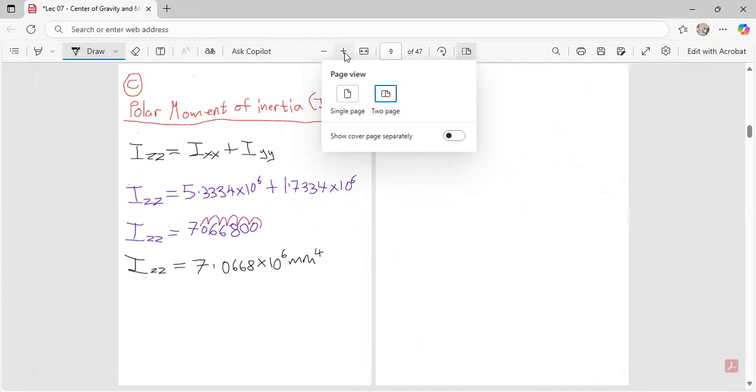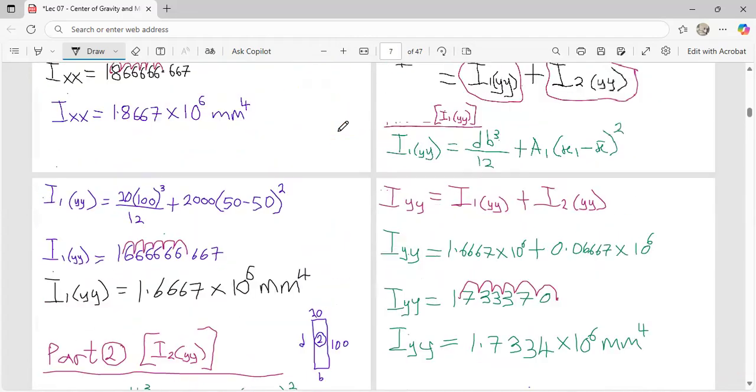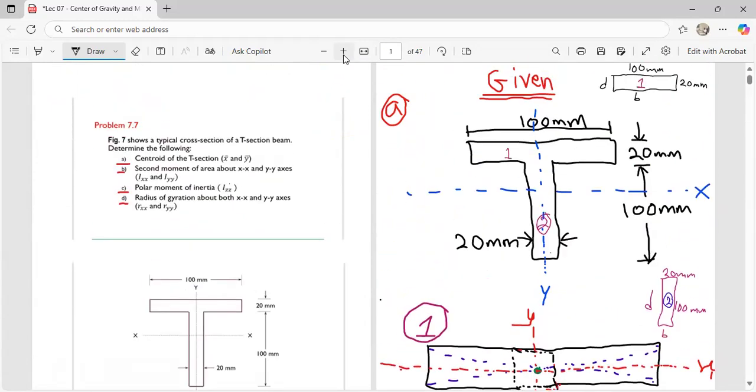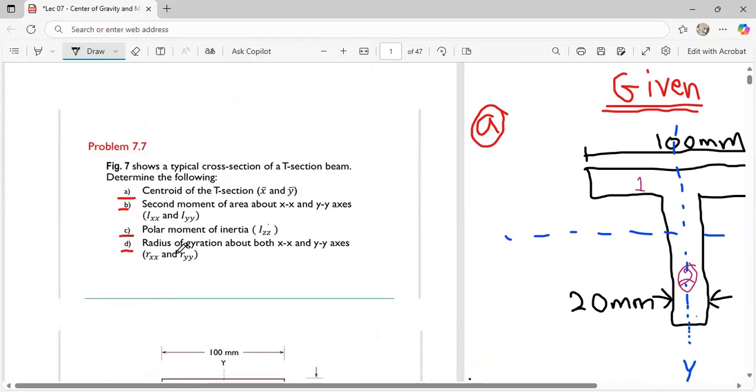So the next thing we are supposed to do is to move back to the question and see the last aspect we are supposed to solve for. The last aspect we are supposed to calculate in this question is the radius of gyration about both the XX and YY axis. So D is the radius of gyration.